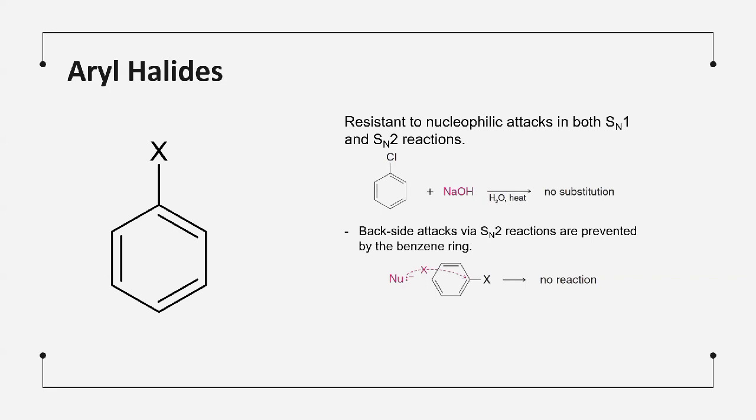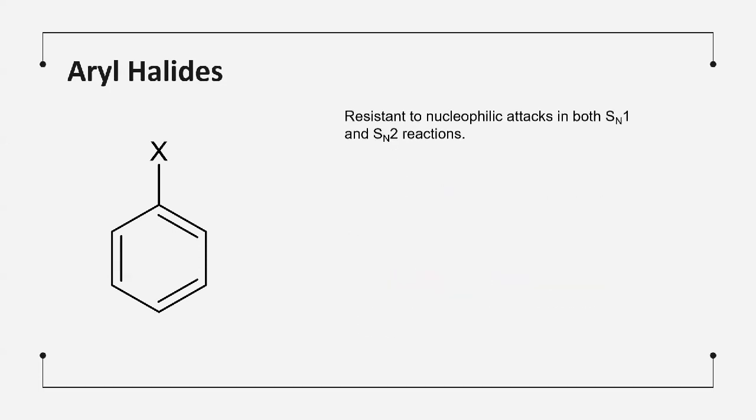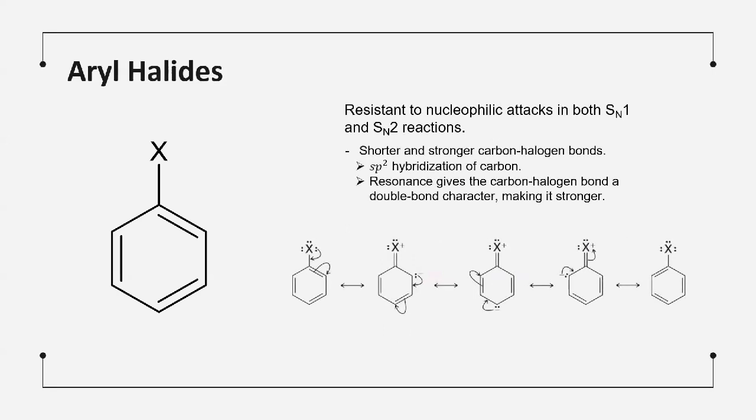Yun. Following this, SN1 reactions are prevented naman since for an SN1 reaction to occur, there needs to be the formation of a phenyl cation. However, phenyl cations are in nature very unstable. So, yun. And lastly, the aryl halides also have shorter and stronger carbon-halogen bonds. Shorter because meron siyang sp2 hybridization ng carbon, and this means na the distance between the electrons and the nucleus is shorter.